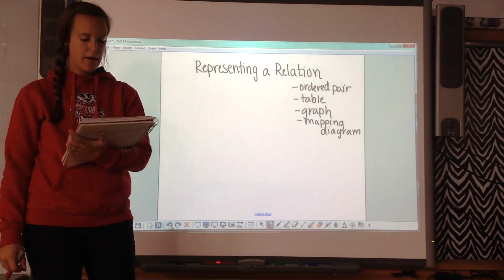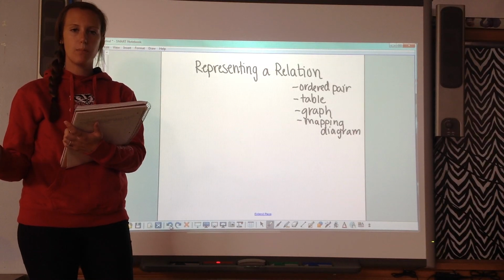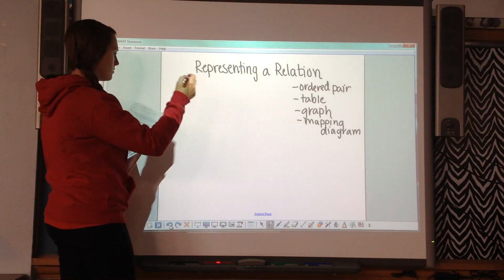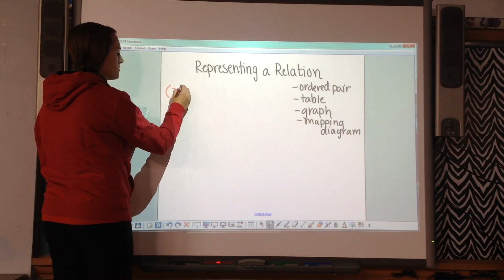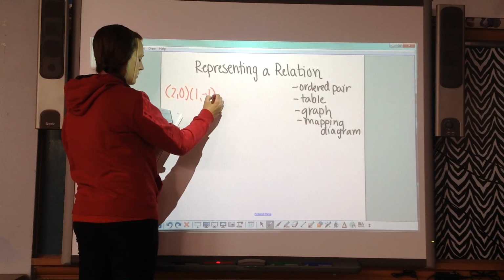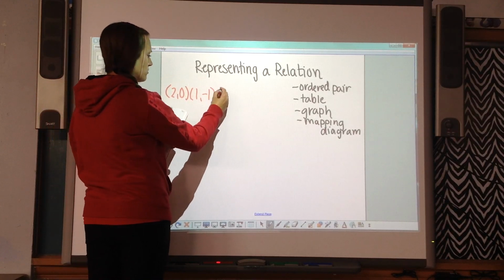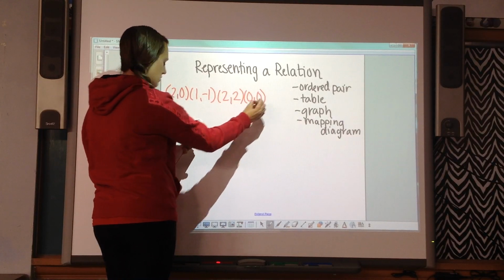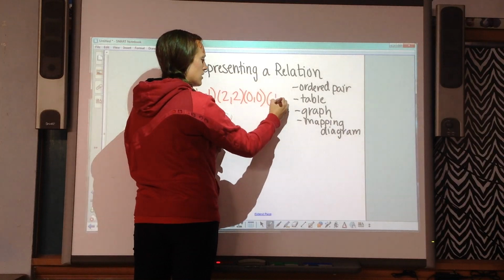Okay. So we have some ordered pairs here, and we're going to represent this relation with a graph and a mapping diagram. So our ordered pairs are 2, 0, 1, negative 1, 2, 2, 0, 0, and negative 1, 1.